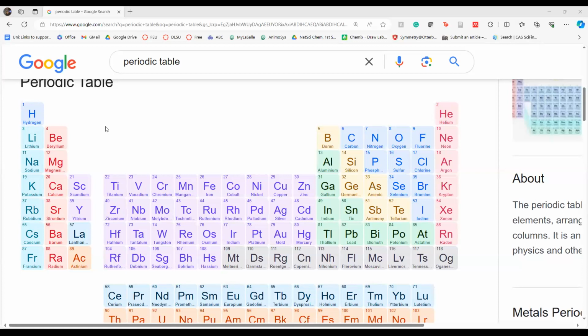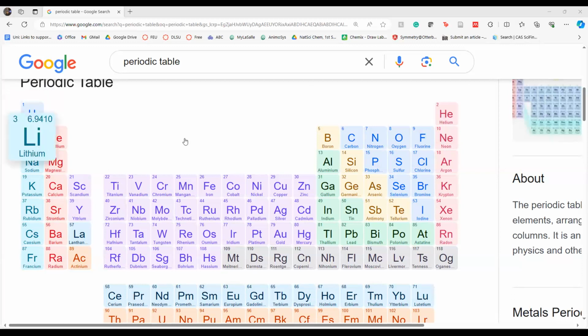The electronegativity trend increases from the bottom left part to the top upper right-hand corner of the periodic table. So meaning fluorine is the most electronegative atom of all. It also increases from left to right.